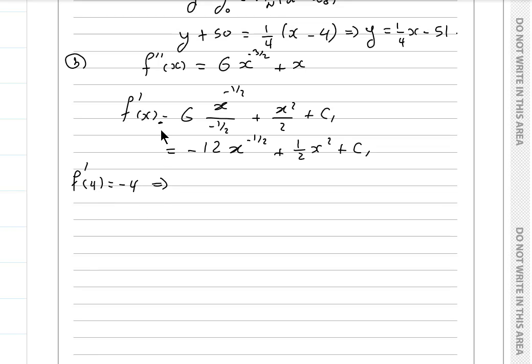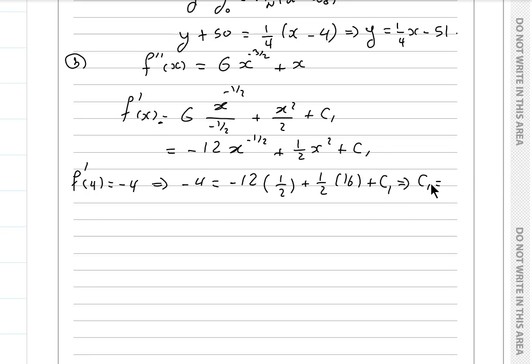So instead of f dash of x, I will write minus 4, and I will put x equals 4. So it will be minus 12 times 4 to the power of negative half, which is 1 over 2, since 4 to the power half is 2 but the power is negative, plus half times negative 4 all squared, which is 16, plus c1.